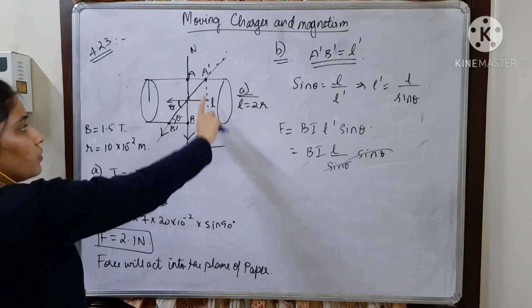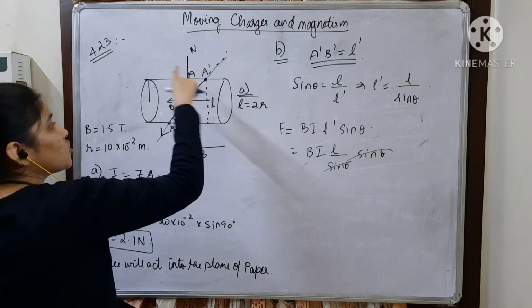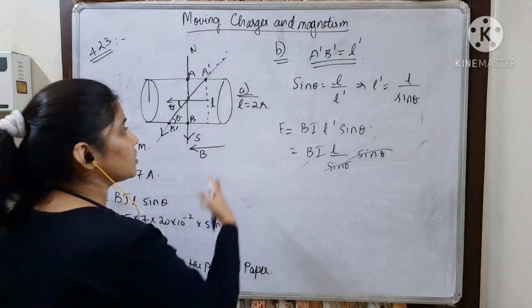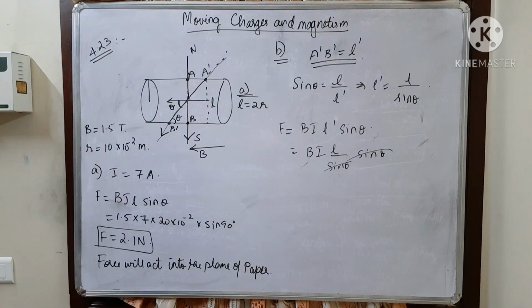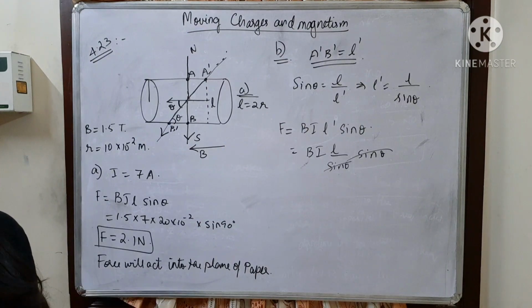The cos component of this length will not be affected by the magnetic field, and no force will be created on that. Only the length perpendicular to the magnetic field will be applied here. So even theoretically, without calculating, we can say that the force is going to be the same in both the cases.